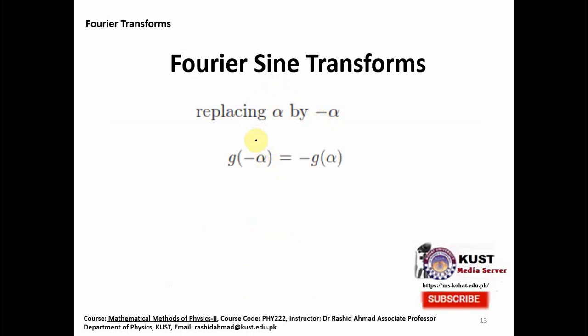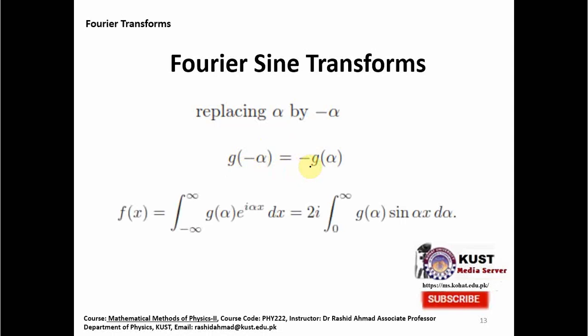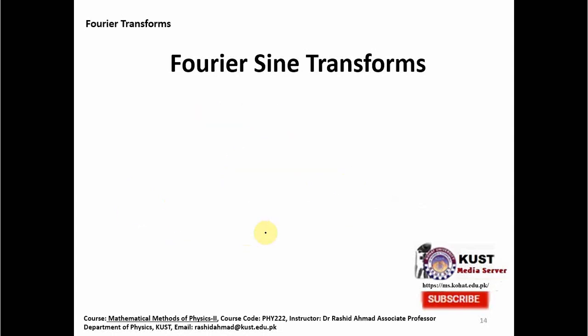That was the definition of the odd function, that g of minus alpha is equal to minus g of alpha. And in this formula you have seen that when we replaced a minus sign with the plus sign, we get something outside as a minus, and this is because f of x was really an odd function.